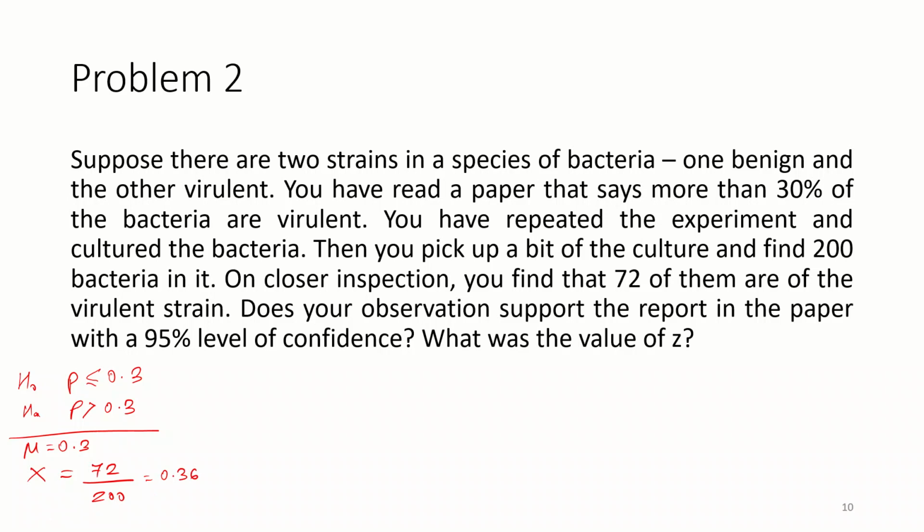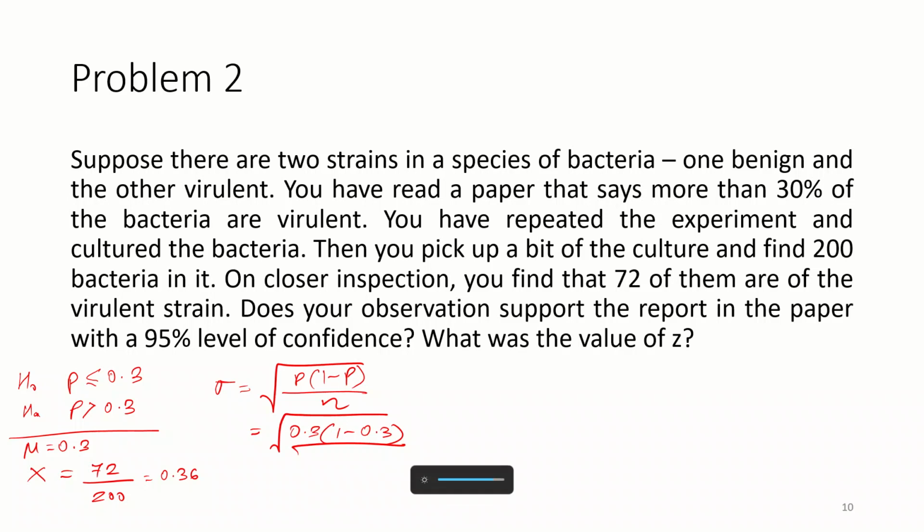And what we can calculate is sigma, same formula, square root of p times 1 minus p, so 0.3 times 1 minus 0.3, divided by 200.